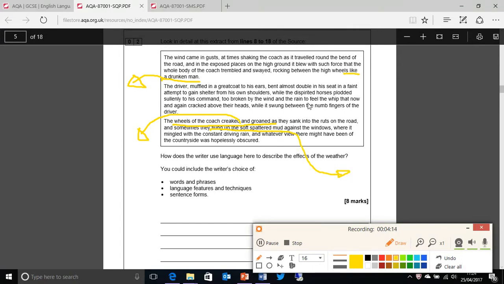Alternatively, you could go through and look at all the verbs. Verbs are always good for a bit of analysis and see if there are a few there that you could pick out. You would then make these the basis of your paragraphs that you write.